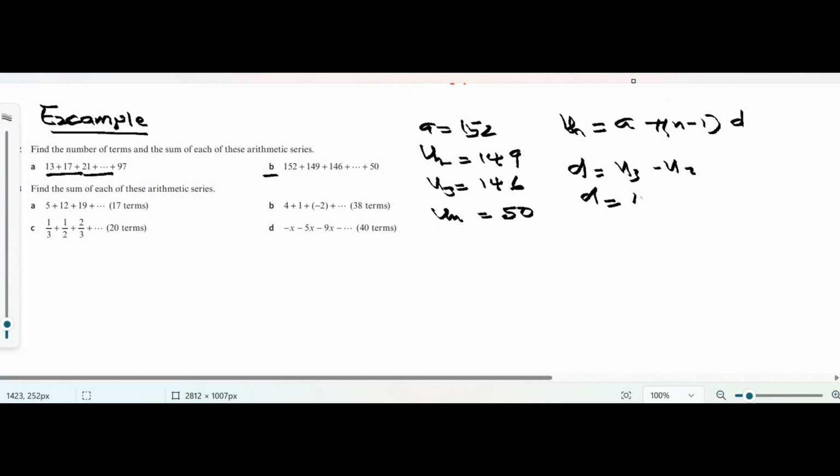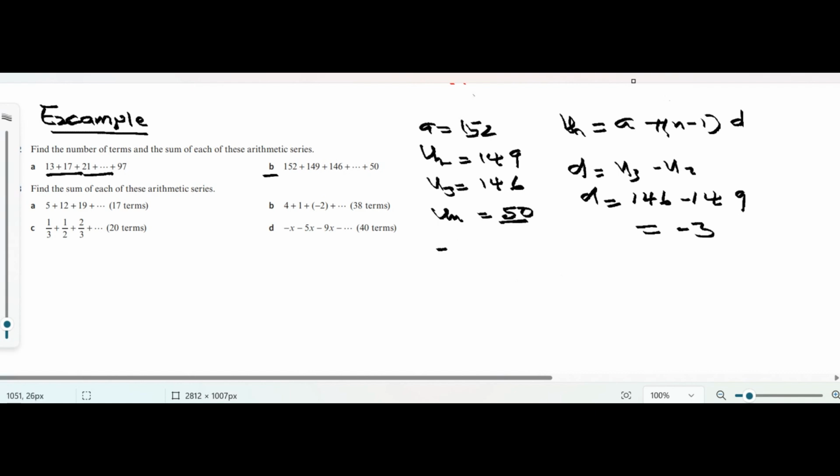So 146 minus 149. I can also use U2 minus the first term, and this one should give me what? Minus 3. Okay, now that I know that it's minus 3, I can find my nth term. The nth term is 50.